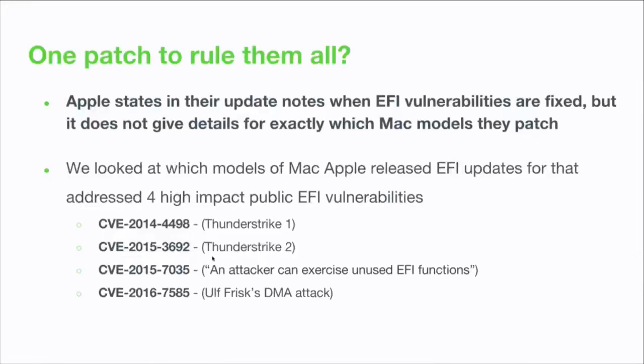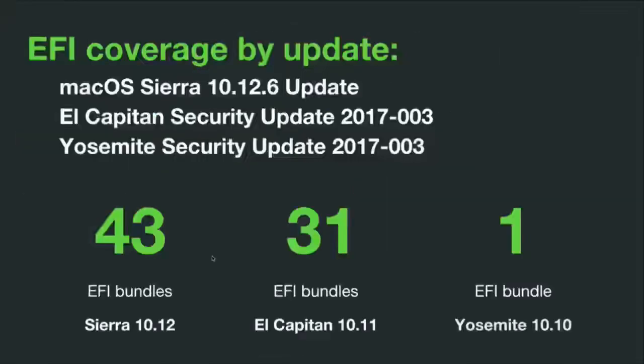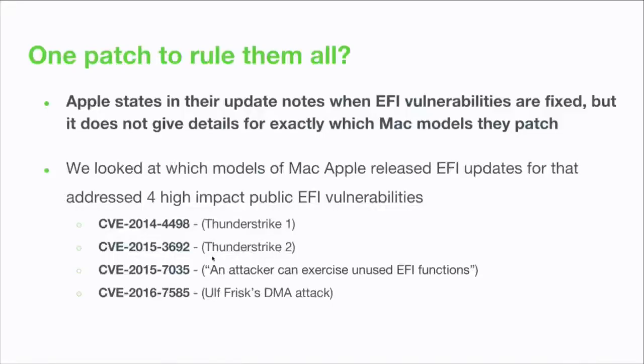So digging into that more, there may only be 31 models of Mac that are seeing an EFI update for 10.11, but how does that really map against real-world vulnerabilities? Coming back to the research that we cited earlier, we pulled out these 4 CVEs.